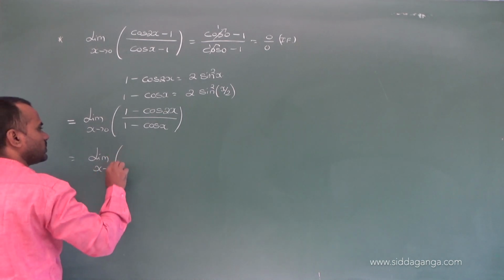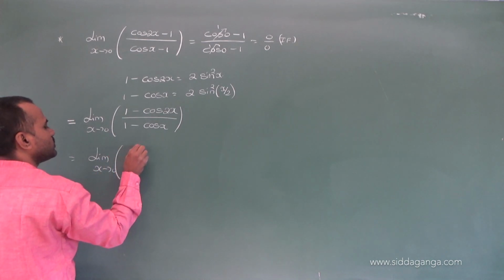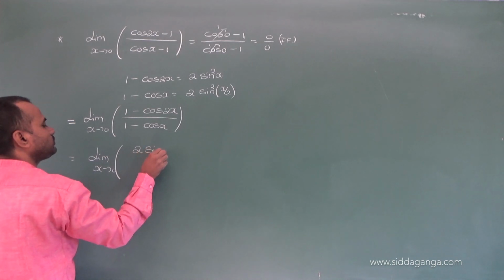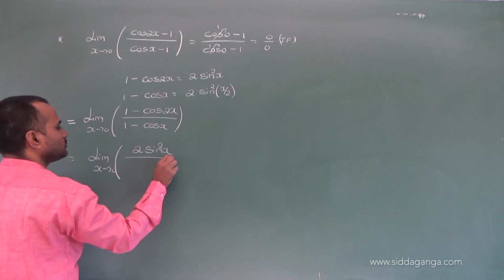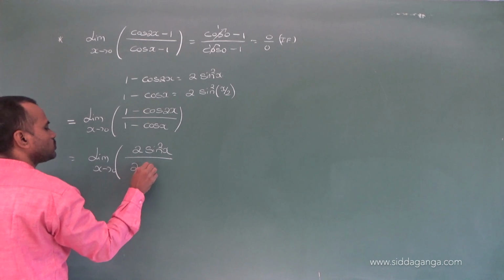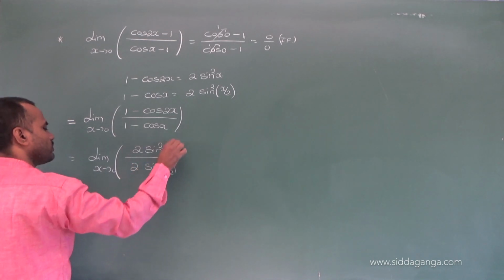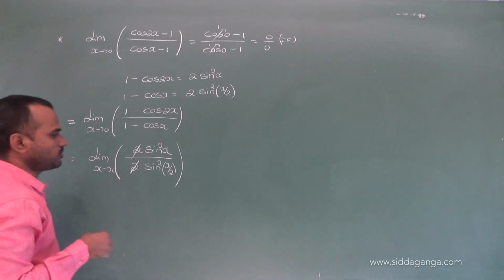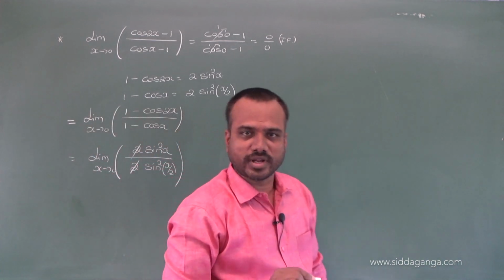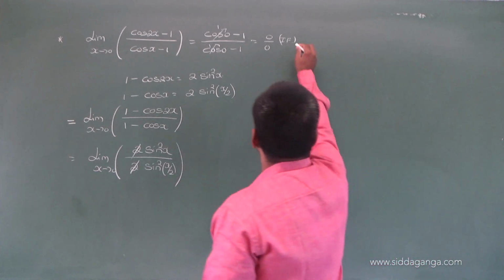Limit x tends to 0, (1 minus cos 2x) divided by (1 minus cos x), that is 2 sin square x divided by 2 sin square x by 2. The 2 on both sides gets cancelled. What is left?